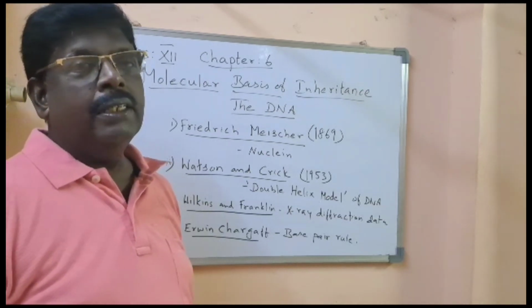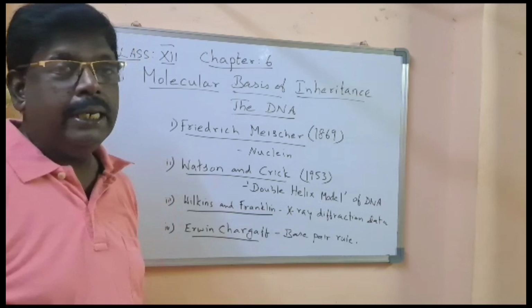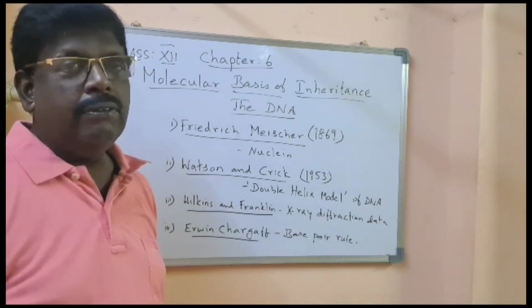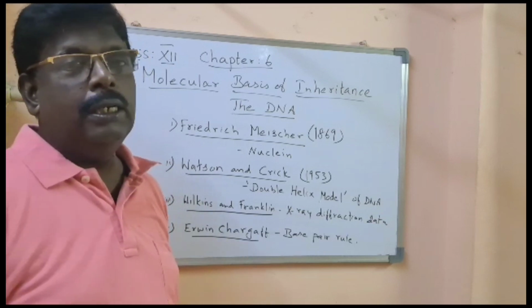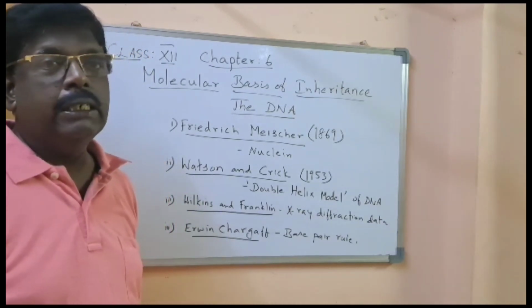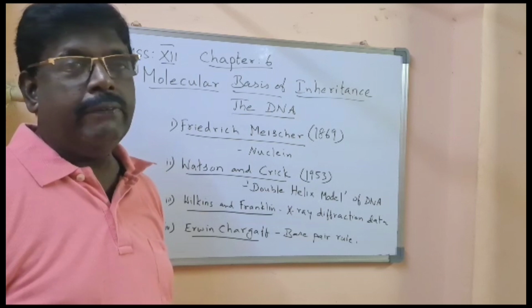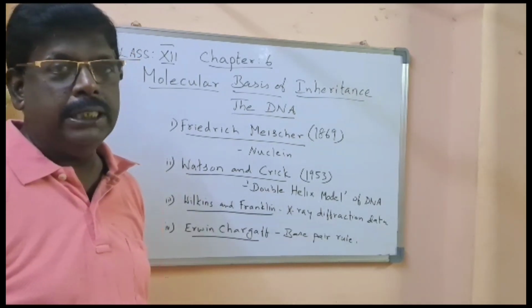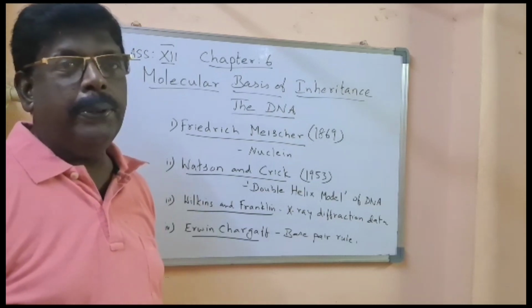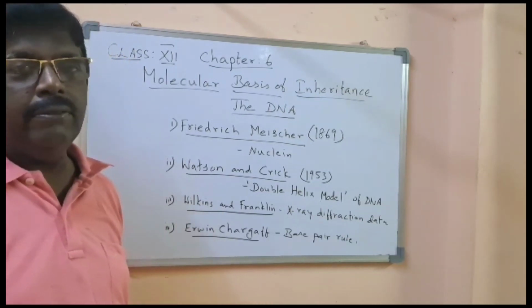Then one more scientist, by name Erwin Chargaff, proposed the base pair rule. The base pair rule says that adenine will always pair with thymine. Similarly, guanine will always pair with cytosine. That means a purine with a pyrimidine and vice versa.